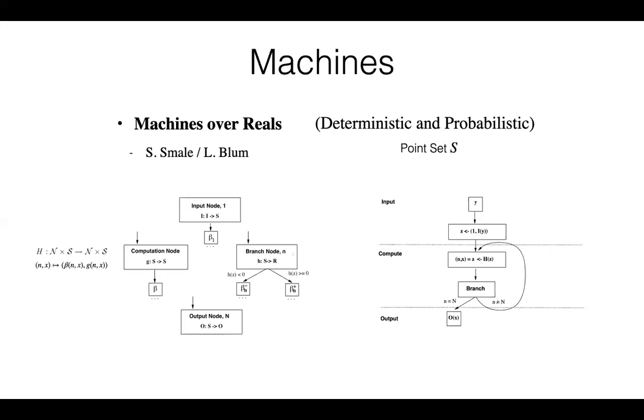There will be machines, but we have to take the understanding of these machines in a totally different way, because here I'm talking about machines over reals. These are not real computers. Machines over reals are a theoretical model of how you can envision these properties of natural processes in a fundamental mathematical way.